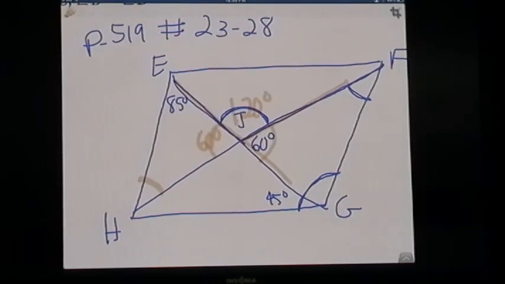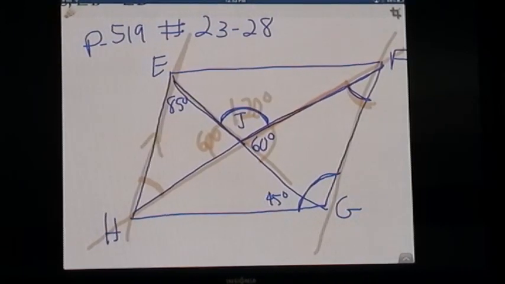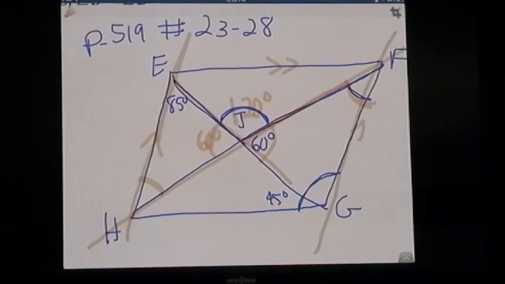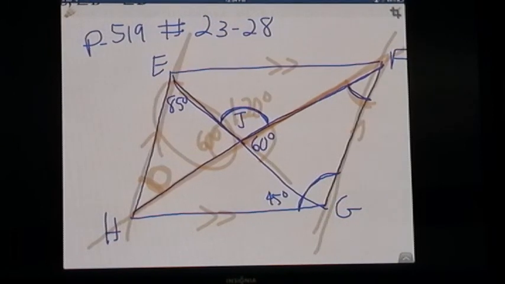Okay, so for this angle, we look at our transversal going across our parallel lines. Remember, it's a parallelogram, so these are parallel lines. And when you add these two together and subtract from 180, you're going to get a number that's going to go right here. And then you will know that since these are alternate interiors, it's equal to this one.